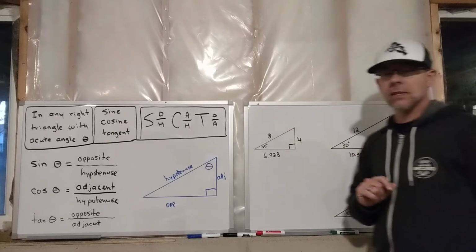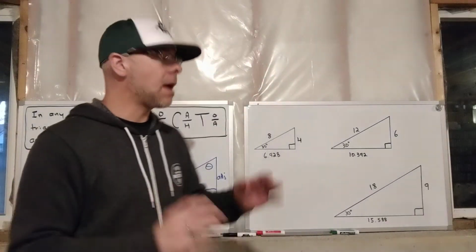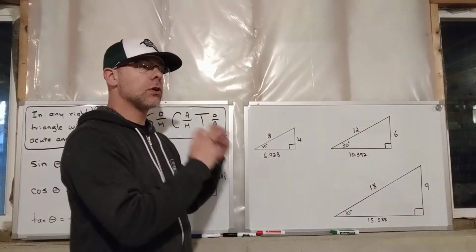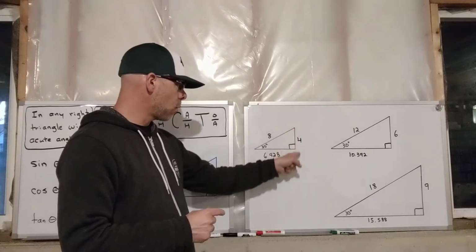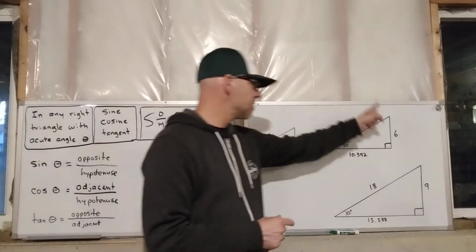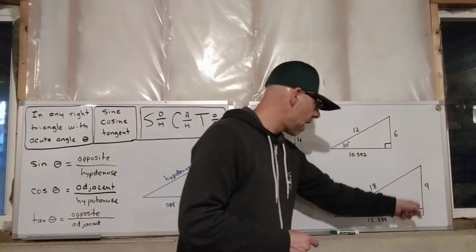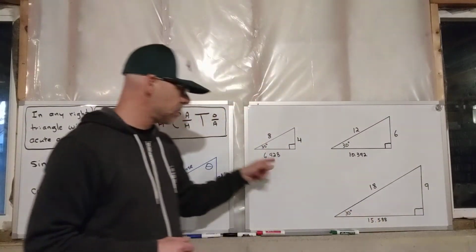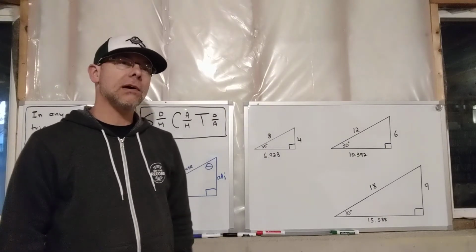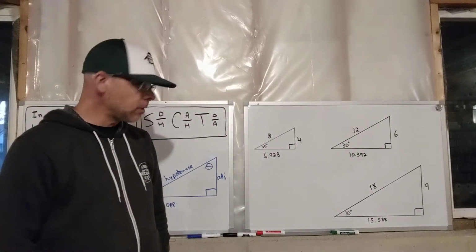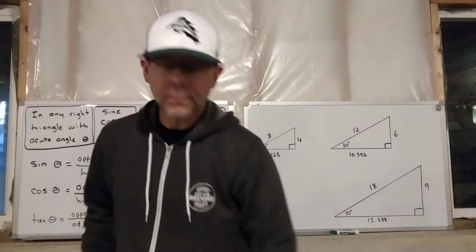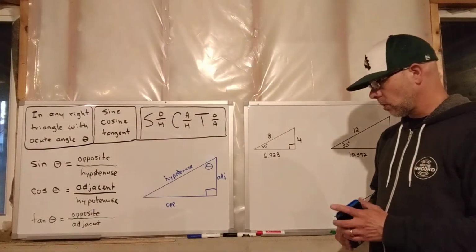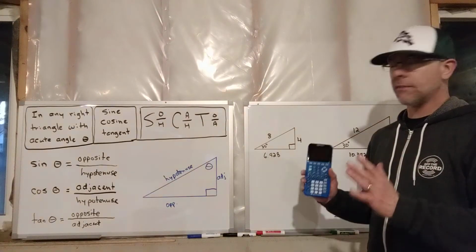That's not coincidence. If you make a triangle that's a right triangle with a 30, there's going to be similarity. 4 doubles to 8. 6 doubles to 12. 9 doubles to 18. Now, these other sides are a little bit different. They just don't turn out nicely. But I'll explain that. So, I want to focus on, if I were to ask you, what is the sine of 30 degrees?